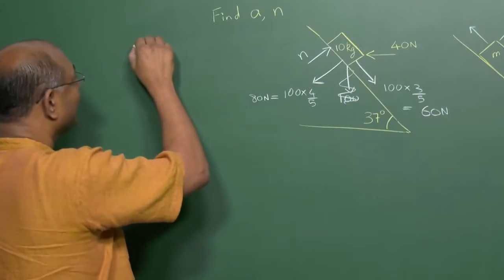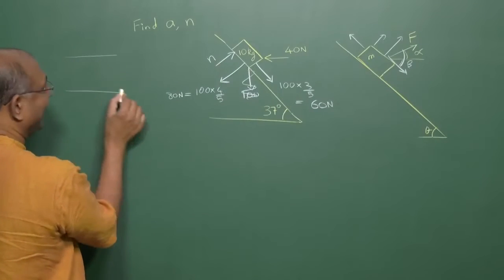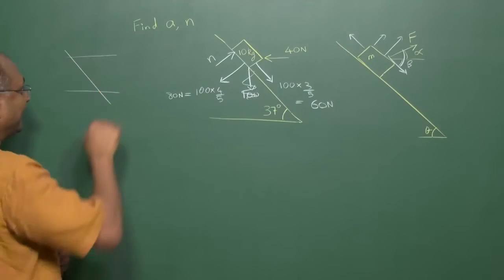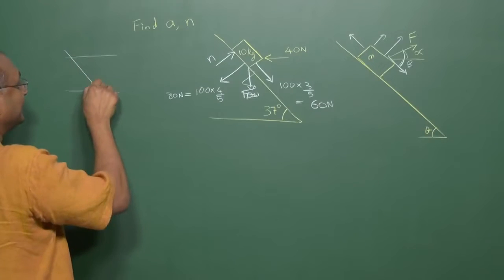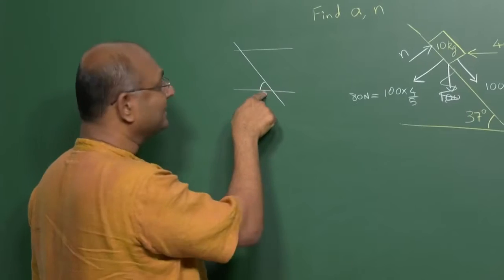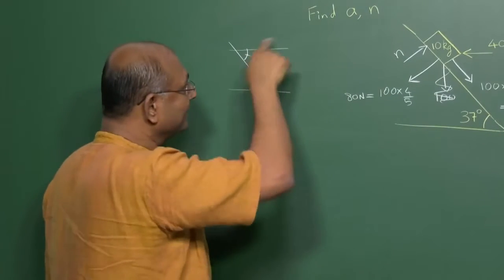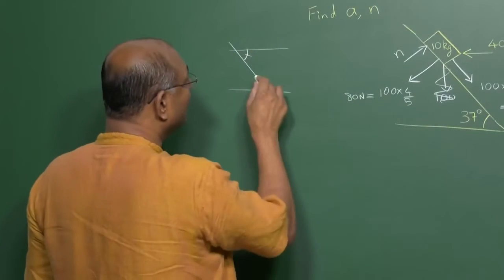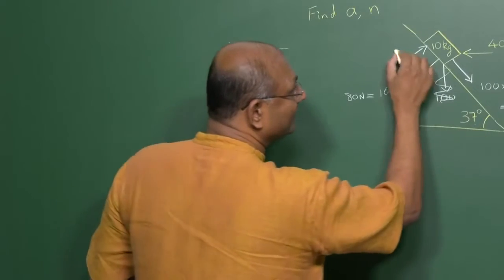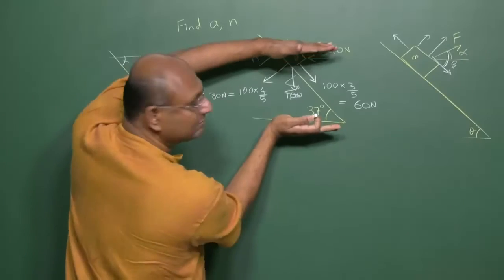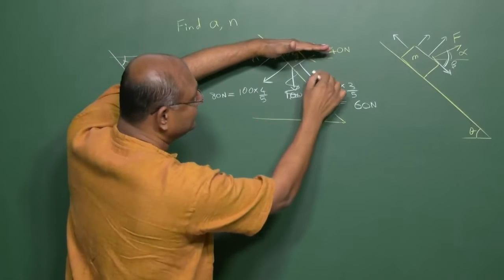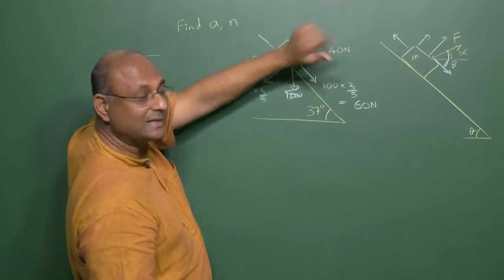Now if there are two parallel lines and you have something like this, you know that if this angle is x, this angle and this angle are equal. Alternate angles, right? So if this angle is 37, look at this, this is a parallel line. So what is this angle? 37 degrees.